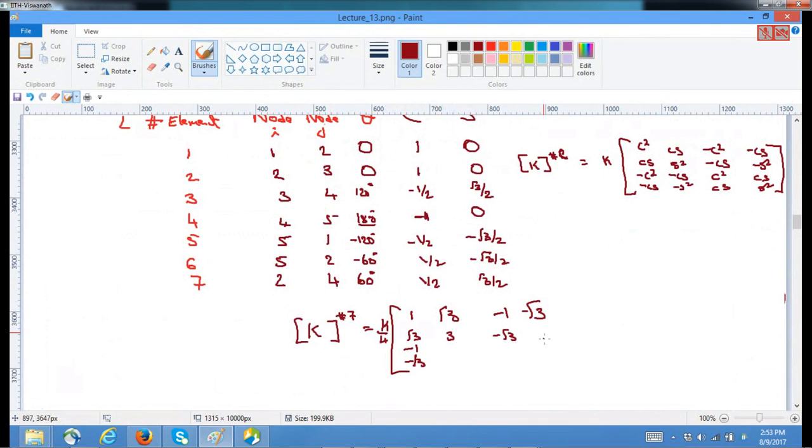This is minus root 3. This is minus 3. This is plus 1 minus 3. This is, sorry, I made a mistake somewhere. This is plus root 3 and this one is plus root 3, and this one is plus 3. This is my element stiffness matrix for the 7th element.